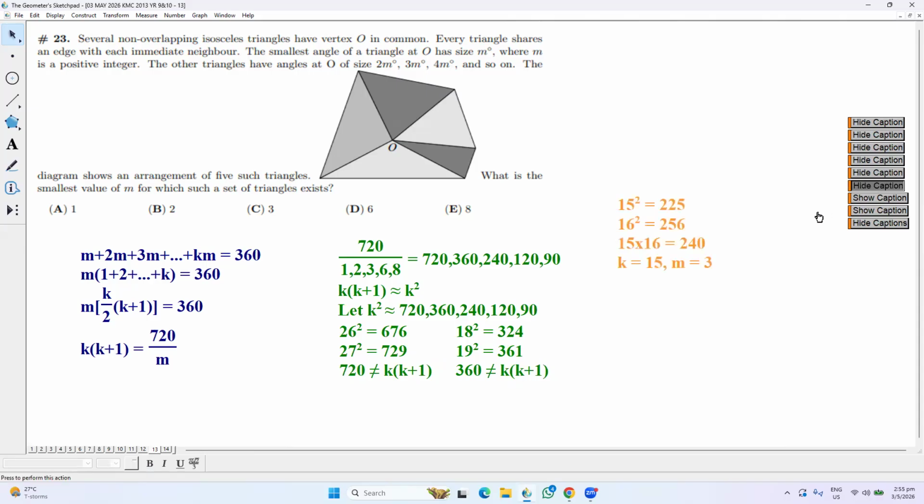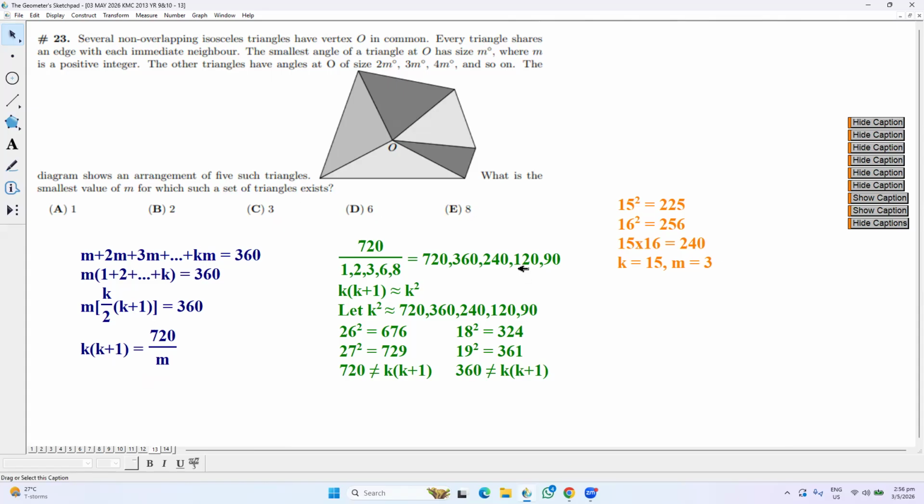Then we check. We realize 15 square is 225, 16 square is 256. 15 times 16 is 240. So K is 15, and then K plus 1 is 16 and M is 3. Answer M is 3.